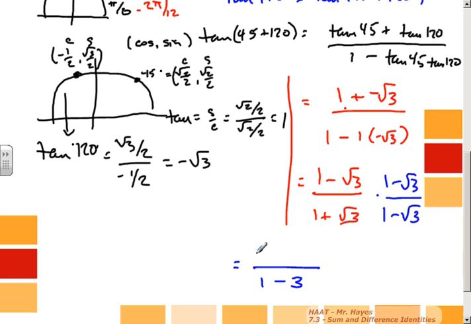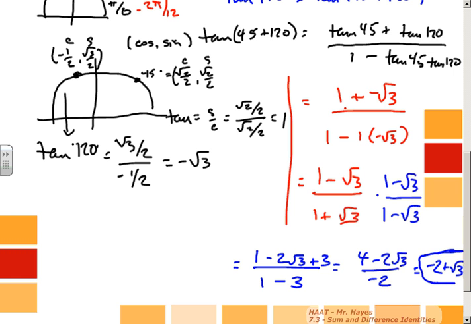On the top, I've got 1 in the front, minus 2 root 3 plus 3. So on the top, I now have 4 minus 2 root 3 over negative 2. So divide a negative 2 into both parts, and this now will become negative 2 plus root 3. And that will be your tangent of 165 degrees. Okay, so this ends the 7-3 stuff.